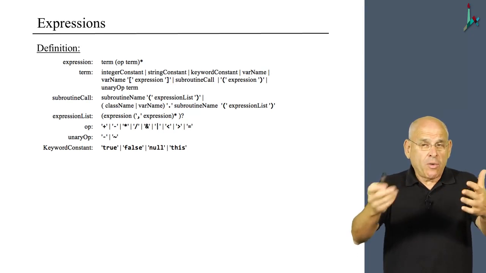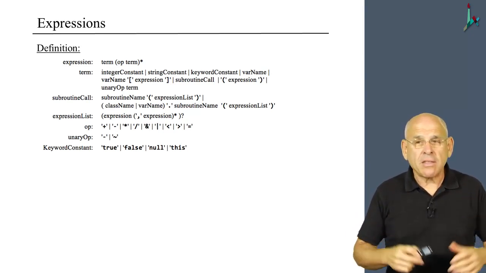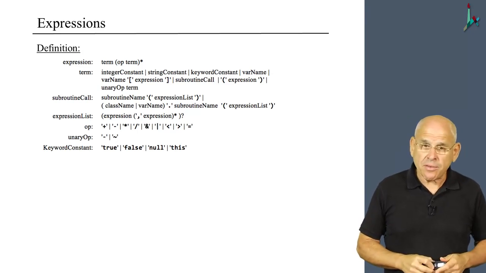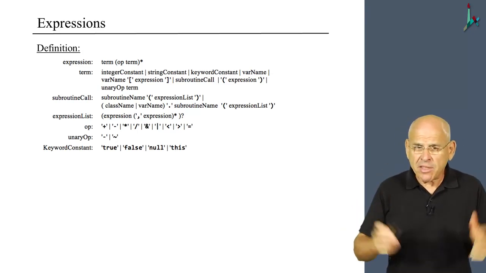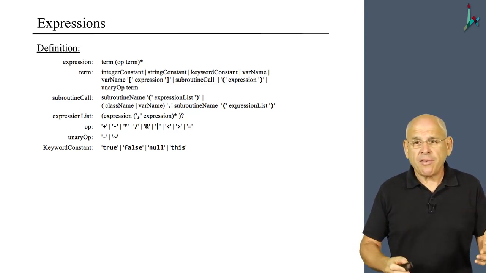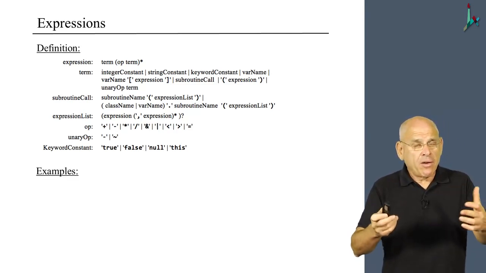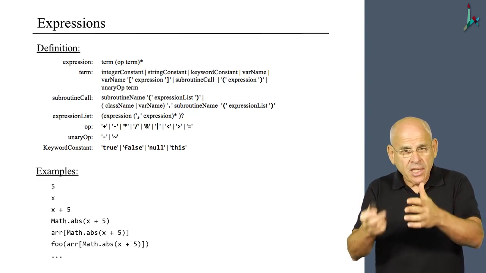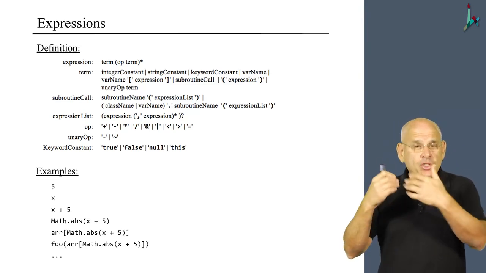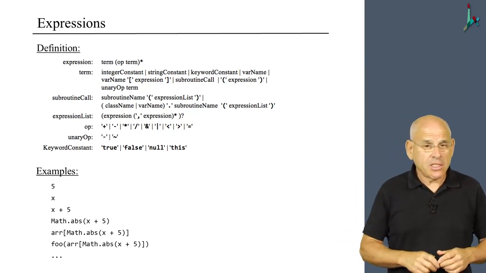What we see here, once again, is the grammatical definition of what it takes to be an expression. We discussed this in the previous module. I'm not going to repeat it, but I just want you to observe that every one of the expressions that we see here will qualify as a legitimate expression according to this grammar.